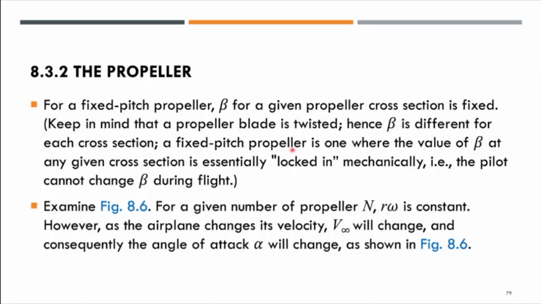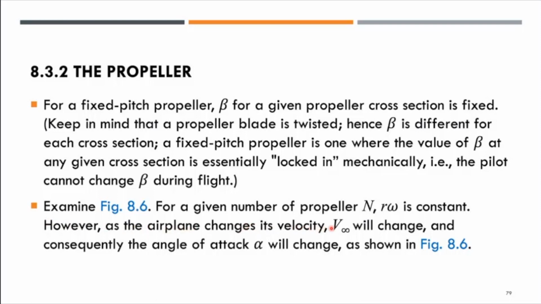A fixed pitch propeller is one where the value of beta at any given cross section is essentially locked in mechanically. We have already explained this when we talked about the propeller blade theory, where the pilot cannot change the beta angle during flight because it is locked.